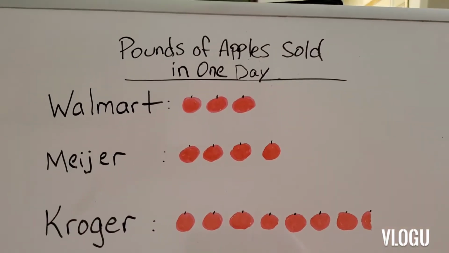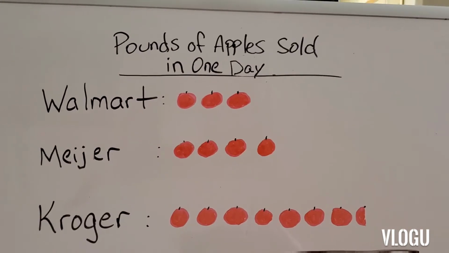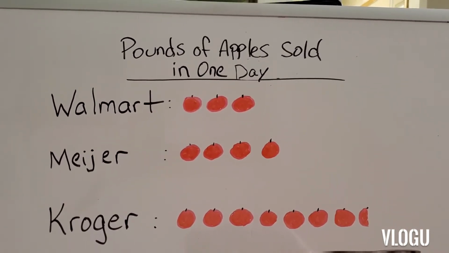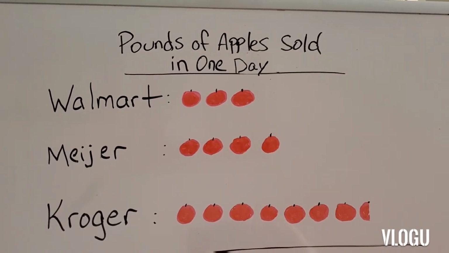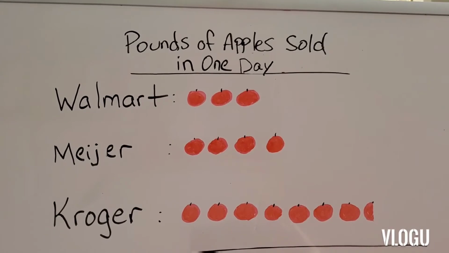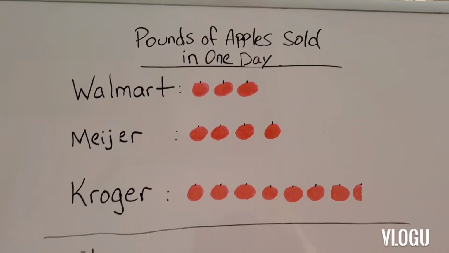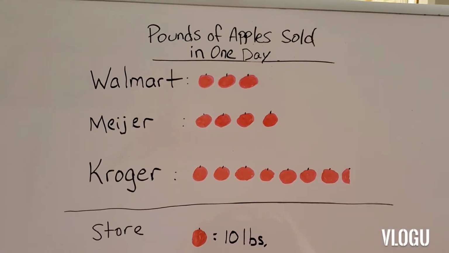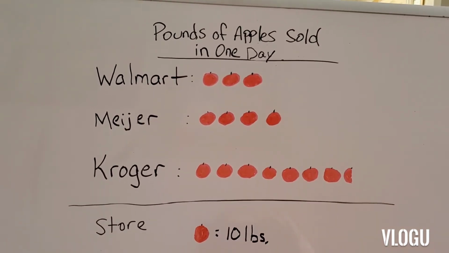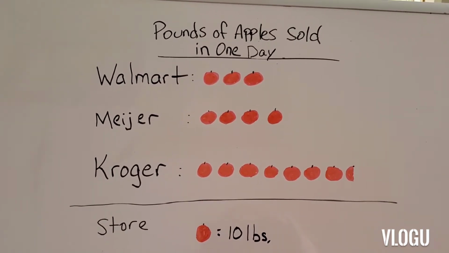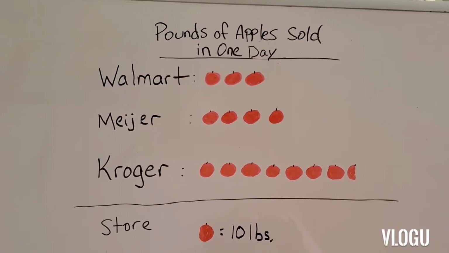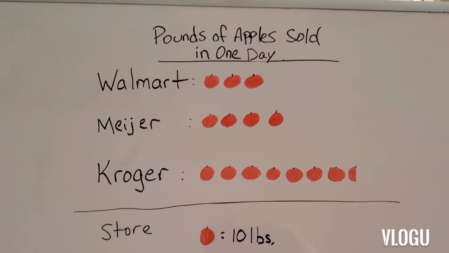Now, data-wise, this graph is missing something important. It's a key. It's to tell us what the picture means. So here we're identifying that the first column is the store name, and each picture of an apple represents 10 pounds of apples sold.